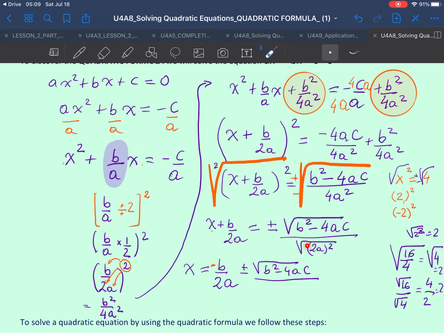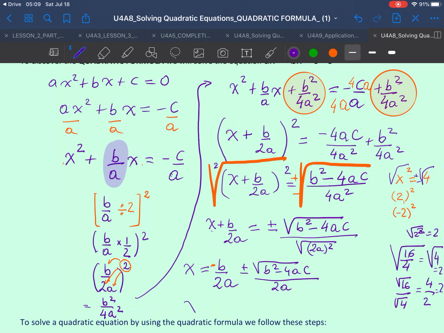And since I'm here now, I am going to simplify the root because I have the square root of something squared. So that means that it will equal that something, so the 2a. And I'm very happy with what I got in here because I see that I got the same denominator, which means I can combine these two terms into one.